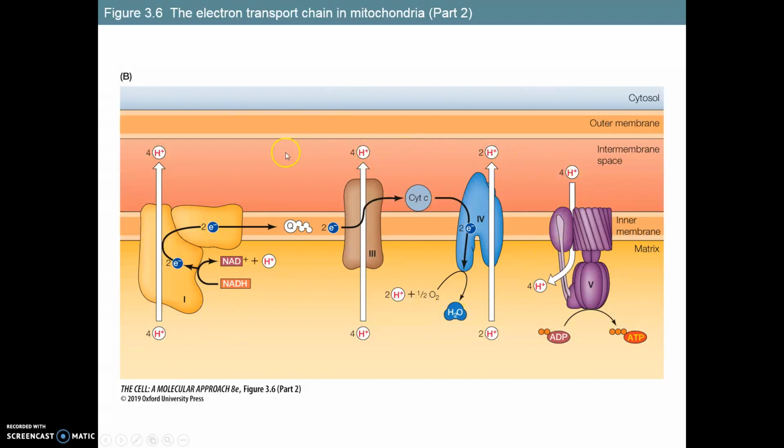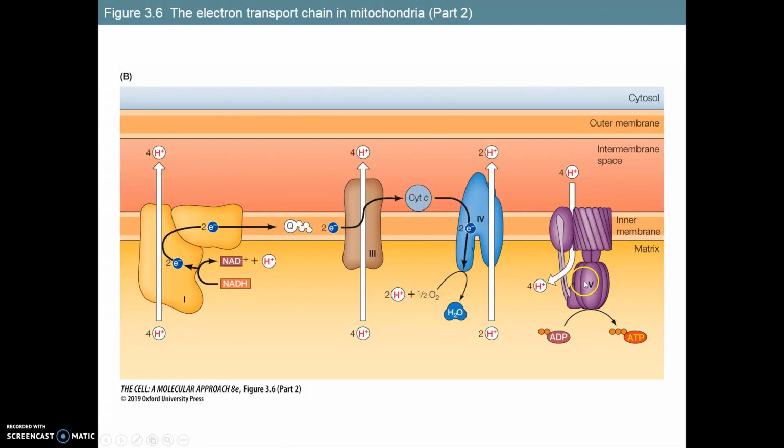Ultimately, what this does is it builds up a lot of protons in this inner membrane space. They want to pass back into the matrix. There's only one place for them to do that, and that is through this complex 5. This complex 5 essentially acts like a water wheel, except instead of water turning a wheel, we have protons turning a wheel, a literal wheel.